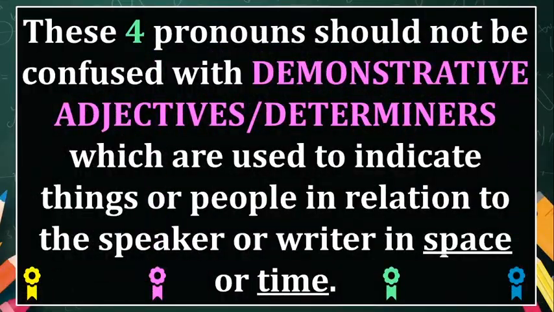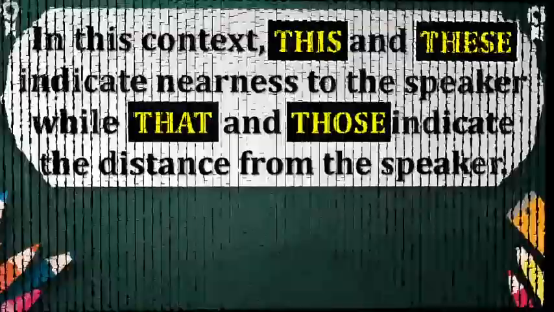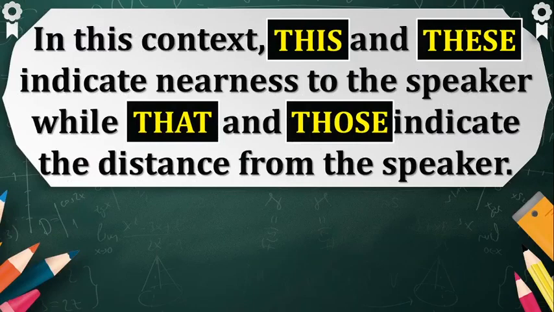These 4 pronouns should not be confused with the demonstrative adjectives or determinants, which are used to indicate things or people in relation to the speaker or writer in space or time. Now, in this context, this and these indicate nearness to the speaker, while that and those indicate distance from the speaker.